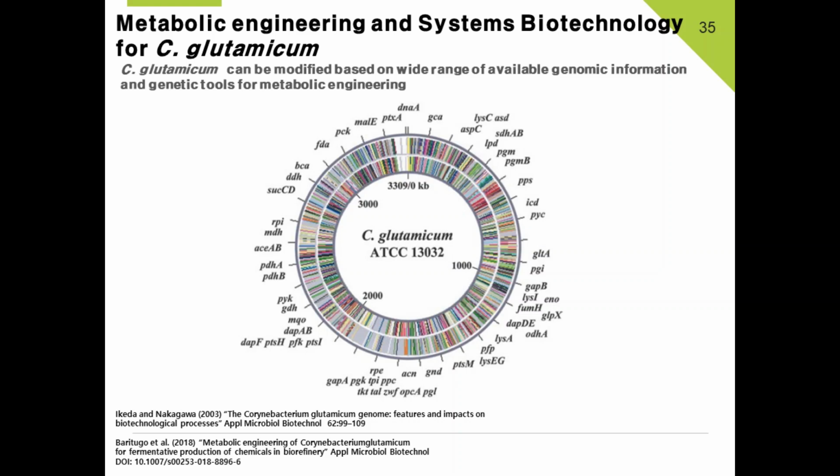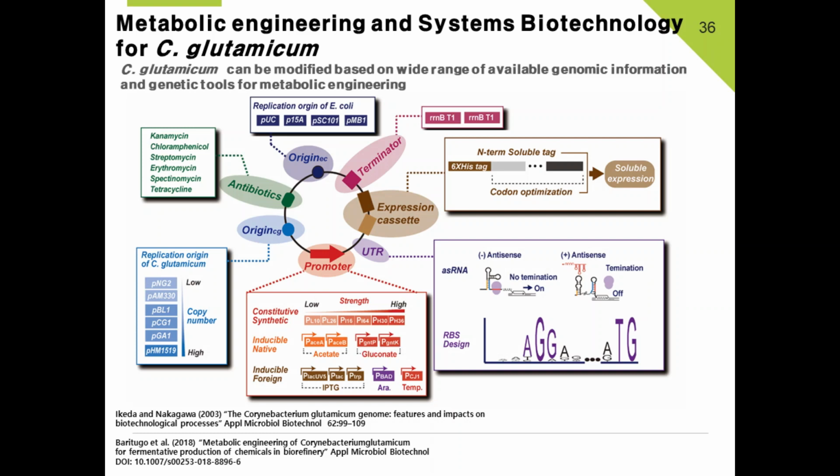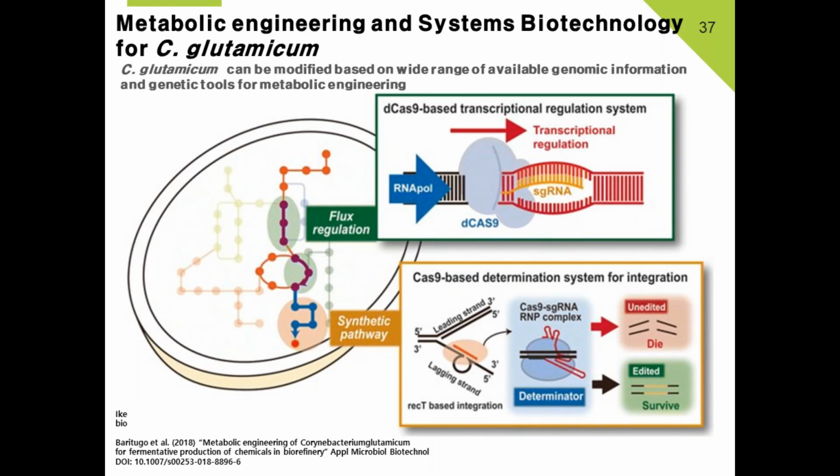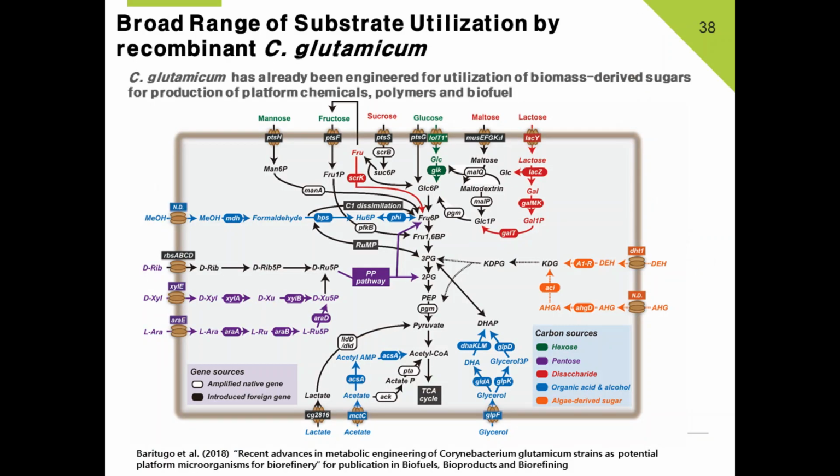It's good because it's well studied. There's a lot of available genomic information, a lot of genetic tools I've already described earlier, and it also has specific Cas9 techniques for manipulating it. I won't go into it further. You can just check my paper.